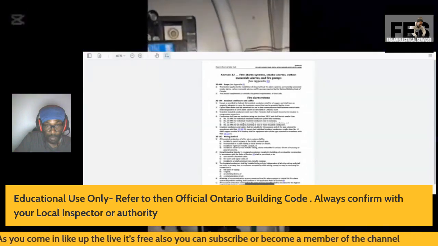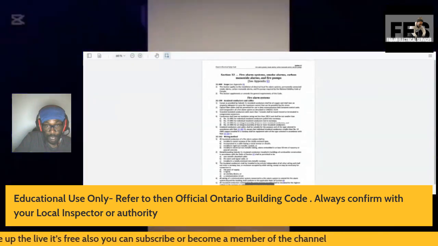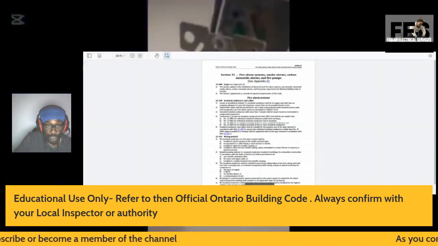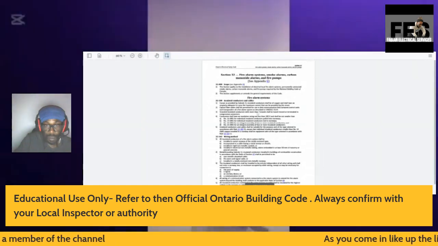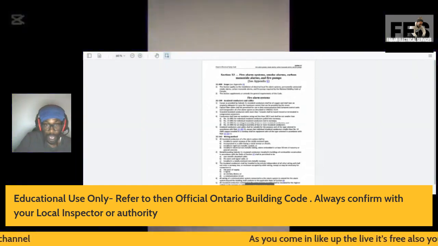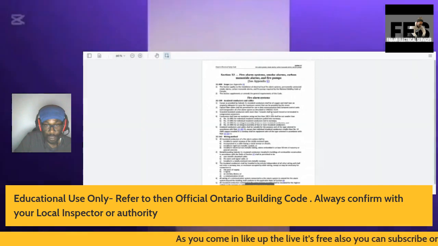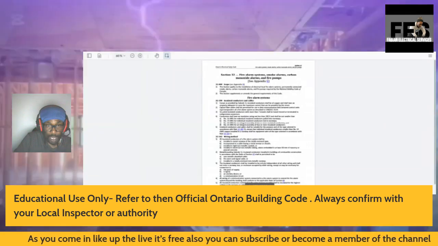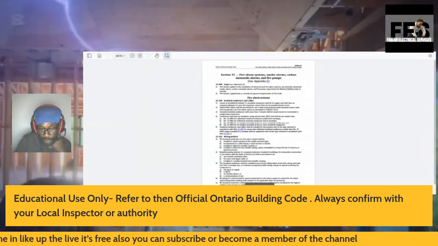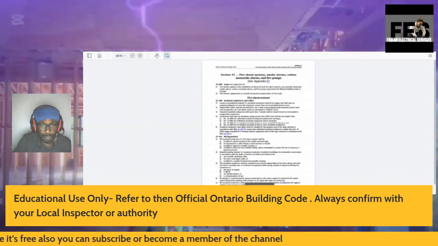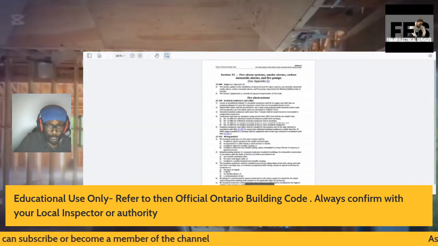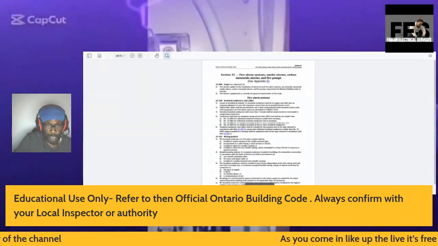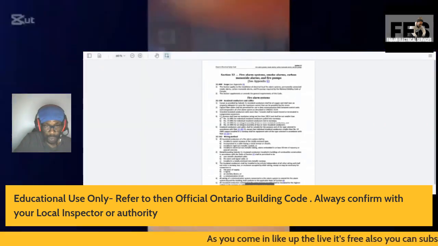Optical fiber cables shall be permitted for use in data communication links between control units and transponders of a fire alarm system, as per ULC-S524. Optical fiber cable is one of those cables I've seen before. They mostly use it in commercial. I'm not sure if they use it in industrial also.